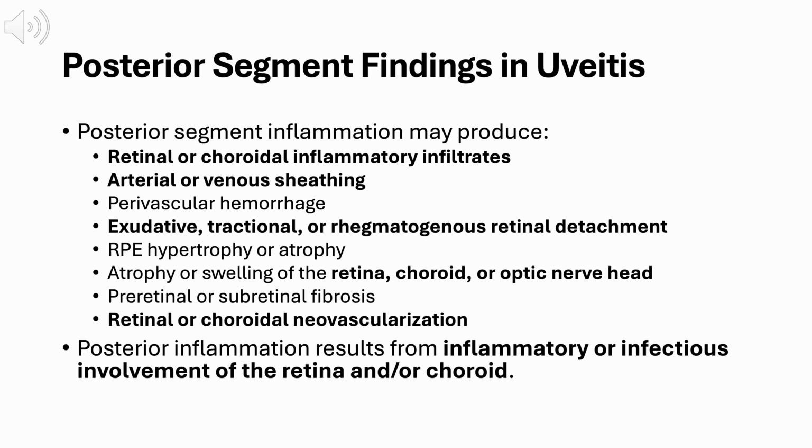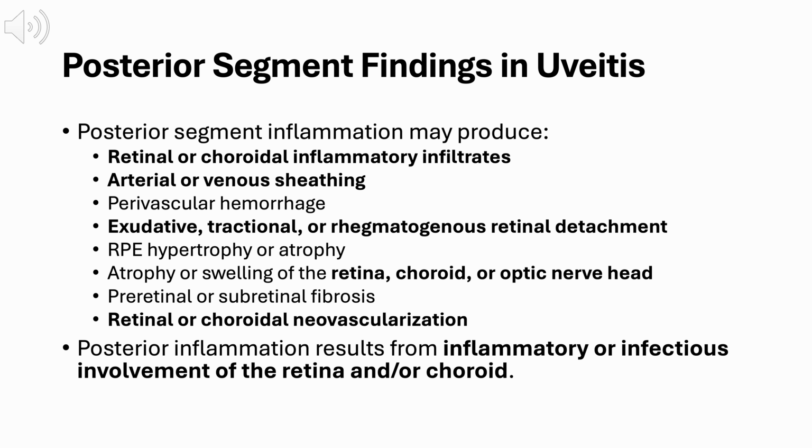The posterior segment can show a broad array of inflammatory findings. These include retinal or choroidal inflammatory infiltrates, arterial or venous sheathing, perivascular hemorrhage, retinal detachments of every type, exudative, tractional, or rhegmatogenous, RPE hypertrophy or atrophy, atrophy or swelling of the retina, choroid, or optic nerve head, preretinal or subretinal fibrosis, and retinal or choroidal neovascularization.